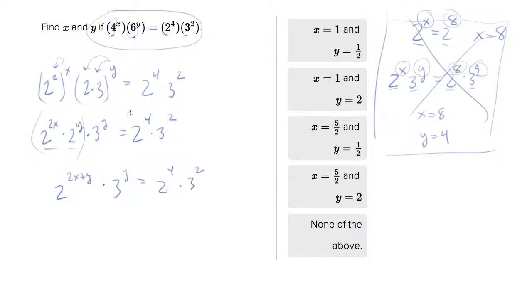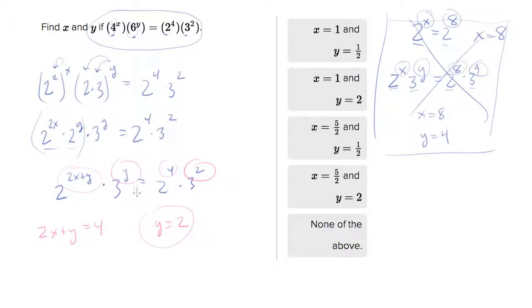Now we have the situation that we were talking about at the beginning, which means we can get rid of the bases, and we can set the exponents equal. So the exponent on the 2 must be equal. So we know that 2x plus y must equal 4, and we know the exponents on the 3 must be equal. So we also know that y equals 2.